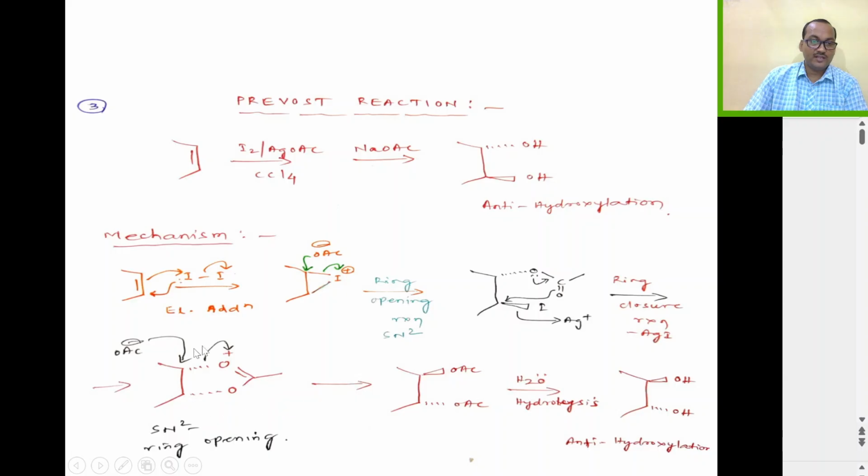So you end up with this intermediate. Again OAc minus will attack this carbon, and this CO bond will break on this O plus. So you end up with this species, and here the reaction is SN2 type ring opening. And upon hydrolysis, you will end up with this anti-dihydroxylation product.